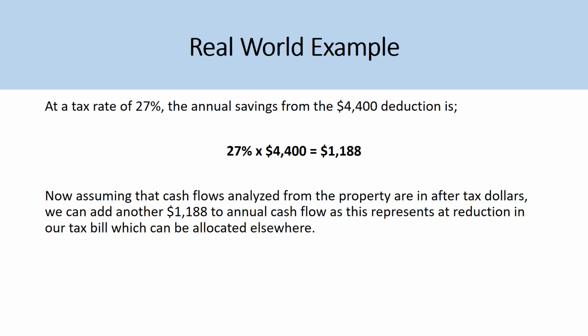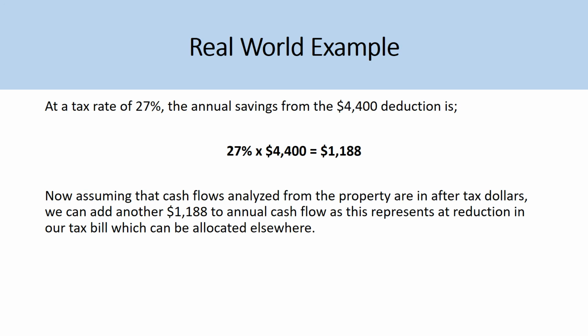Now, a way to really calculate the net savings that you get from this tax deduction, we multiply the amount deducted by the tax rate. So 27%, we're assuming a random number of 27%, by $4,400, we save in this scenario $1,188 every year because of this deduction.